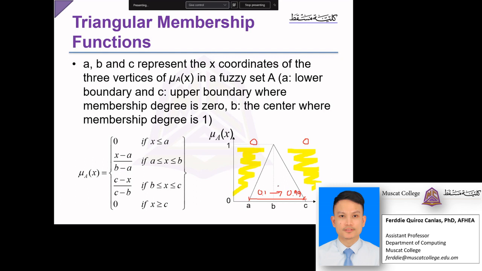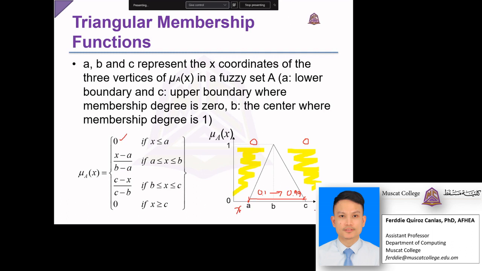In order for you to determine that, you could follow this rule. You will see it says here, if your value, let's say for example this is x, is less than or equal to a, from this point, automatically it will get 0.